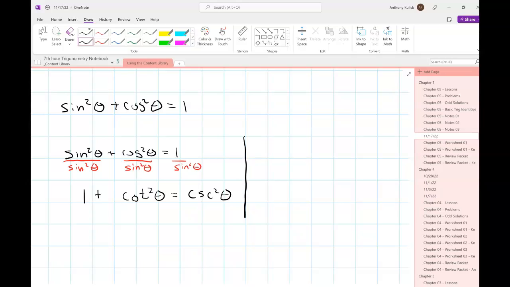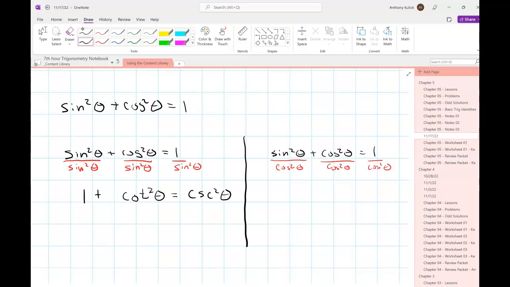Now let's say that instead of in our first step where we divided by sine squared theta, what if instead we had divided by cosine squared theta? What's sine squared theta divided by cosine squared theta going to be?